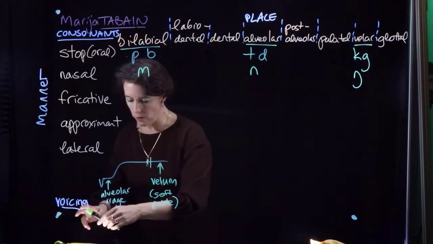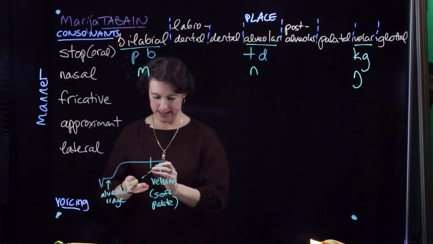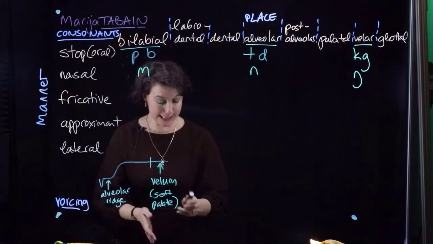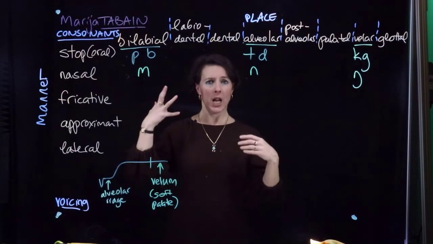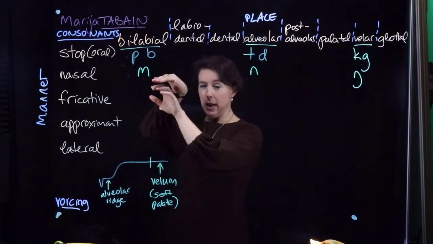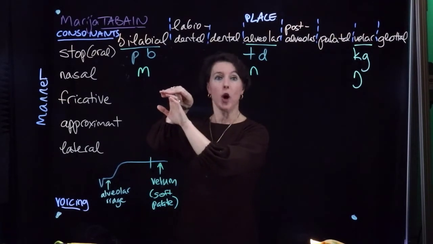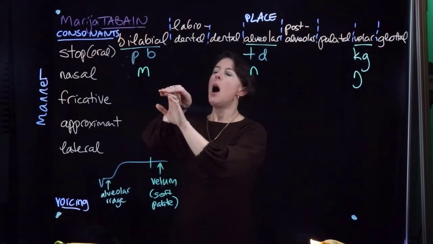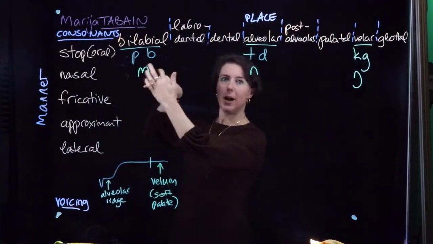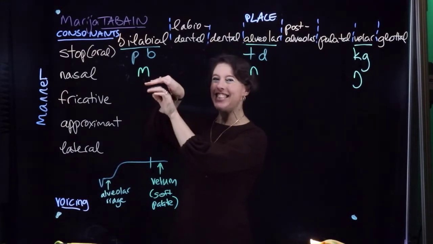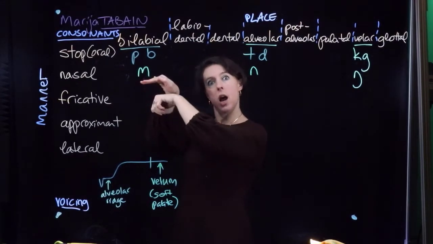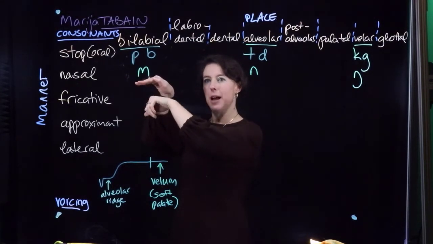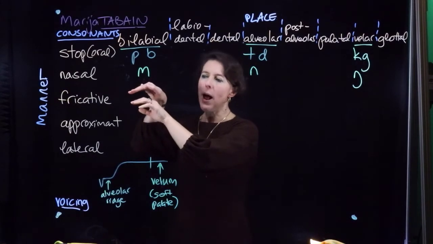So whereas for stops, we said that the air was completely sealed off in the oral cavity and couldn't escape. What happens with fricatives, this is the roof of my mouth there, and this is my tongue tip here, and this is my tongue back. So what happens with fricatives?